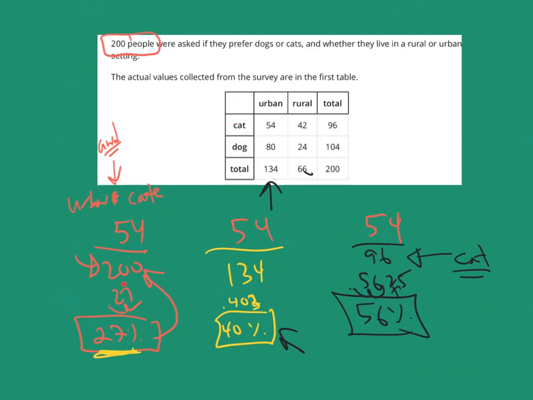And since 200 is the denominator here, of all the people that were asked if they preferred cats or dogs and live in a rural setting or not, 54 of them have both urban setting and cats, or 27% of the people surveyed live in an urban setting and have a cat. So really, if you want to interpret this, it's all about paying attention to what the denominator represents.